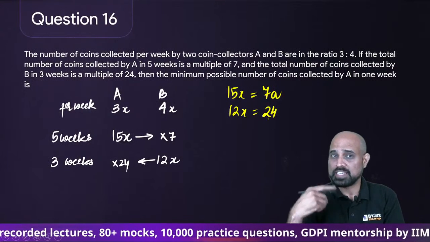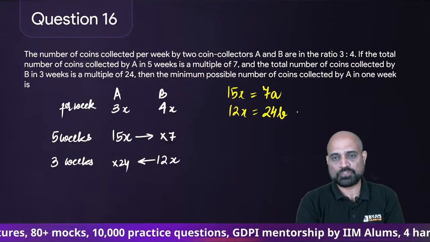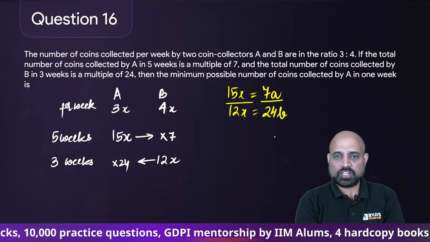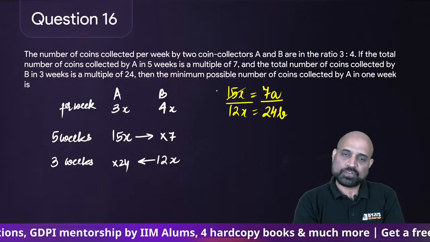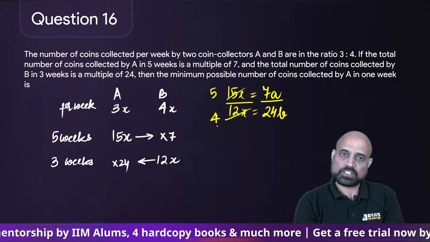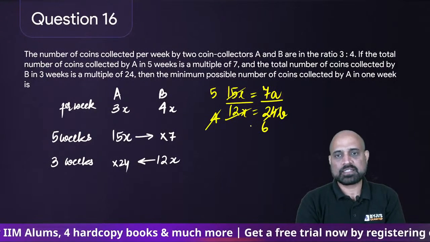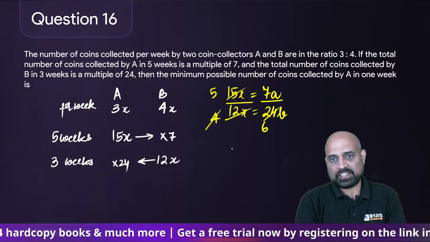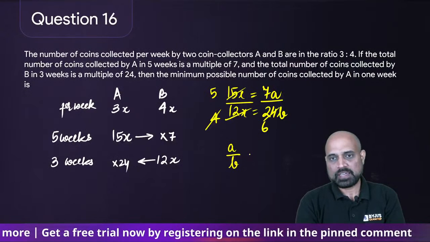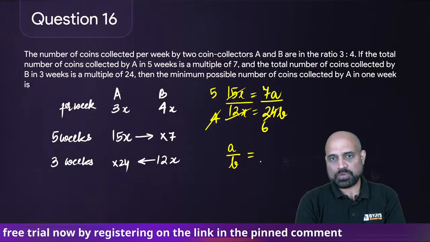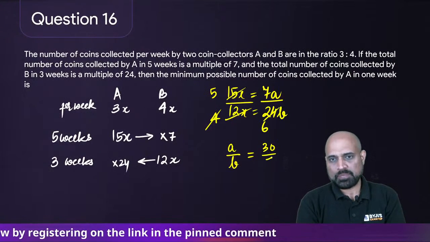We're not sure it's the same multiplier, so we'll write 24b. और अगर इसको solve करेंगे, तो we will have this as 5 and this one as 4 and this is 6. So we will get A by B is equal to 30 by 7.